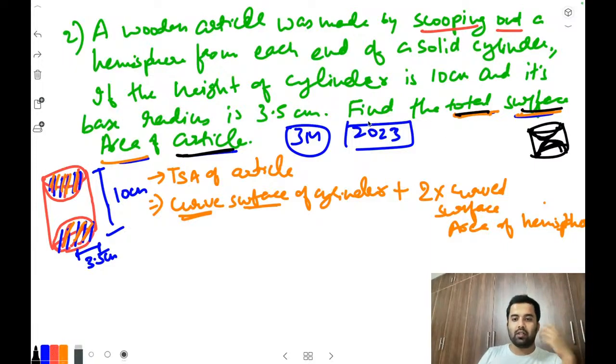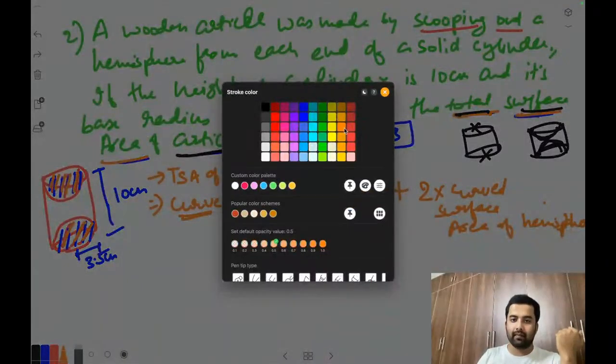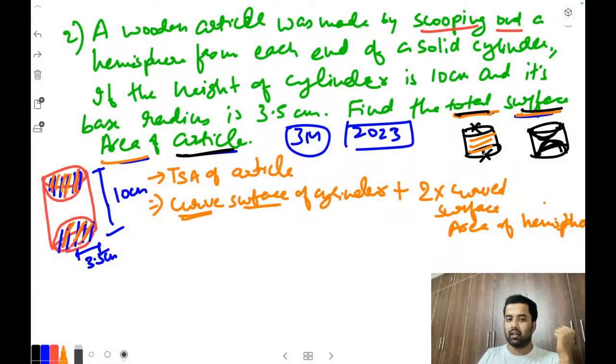So for the cylinder part, the circles, the top part and the bottom part, are not applicable now. Only the side part is applicable, so for that we applied the curved surface area of the cylinder. Now for the area inside, the hemisphere comes like this, the first one, and the below one comes like this.